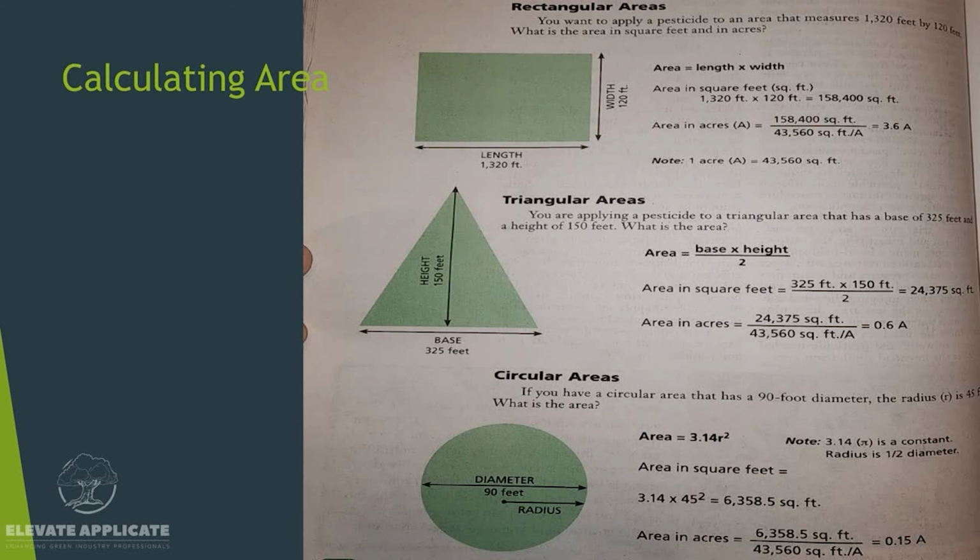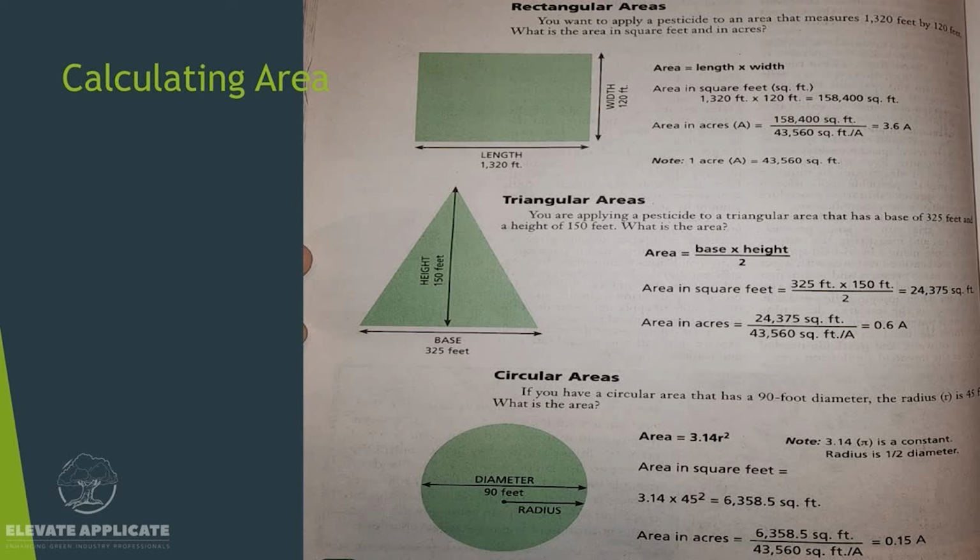And then how do we calculate the area of a triangle? You calculate the area of a triangle by base times height divided by 2. In this example, we have a triangle that has a 150-foot height and a 325-foot base.